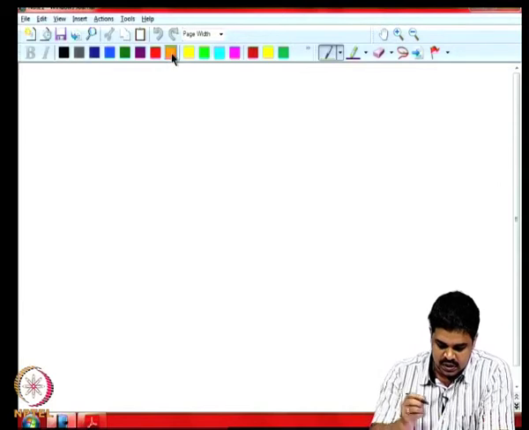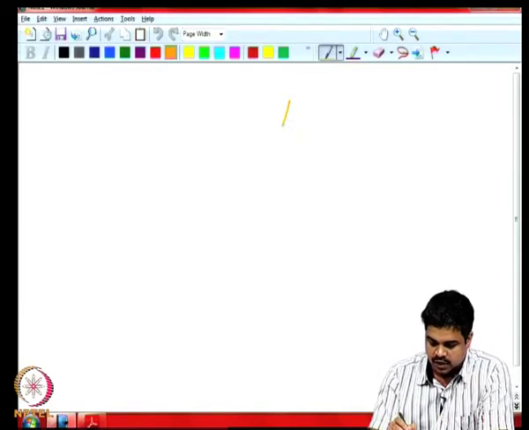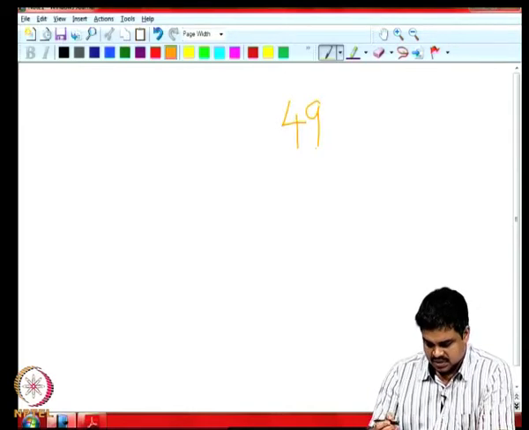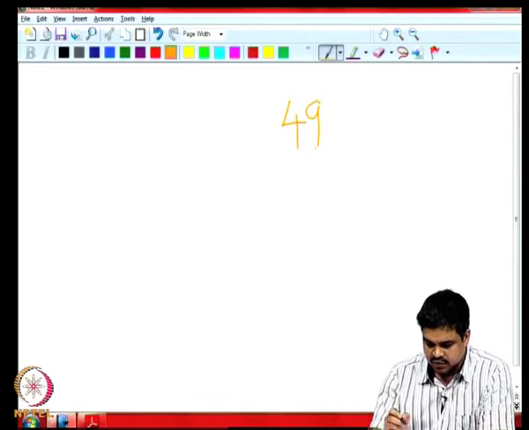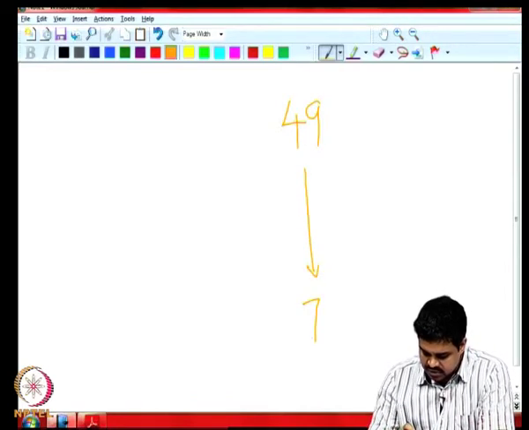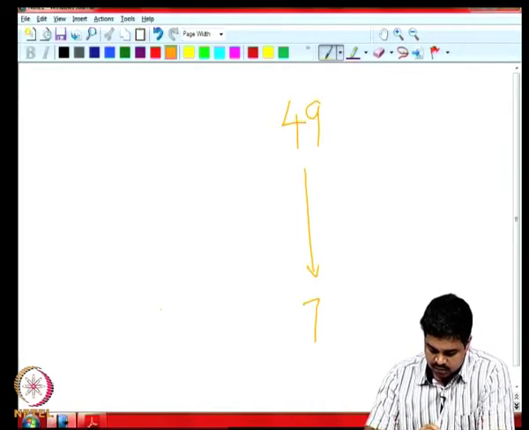For instance, let us take 49. I am taking a perfect square, though it is not necessary. Its root is 7 here. I am interested in the divisors of 49 below 7. How will I find them? 1 is a divisor, 2 is not, 3 is not, 4 is not, 5 is not, 6 is not, 7 is a divisor.